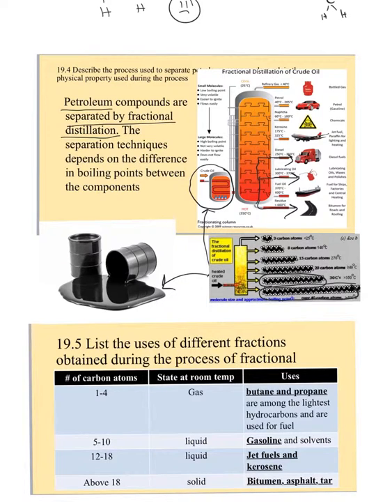So the different molecules are going to have different sizes. Some things are going to be really big, some things are going to be really small. The size of the molecule determines which fraction it's going to exit at. Do you see that? The really, really light molecules with the really low boiling point are going to exit at the top of the column. This is things like propane gas.